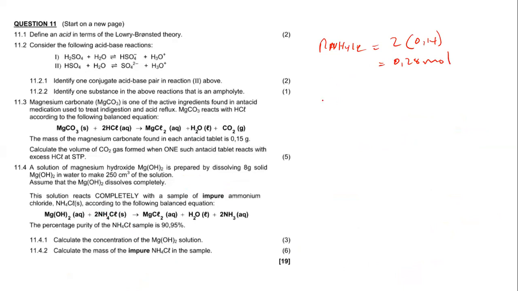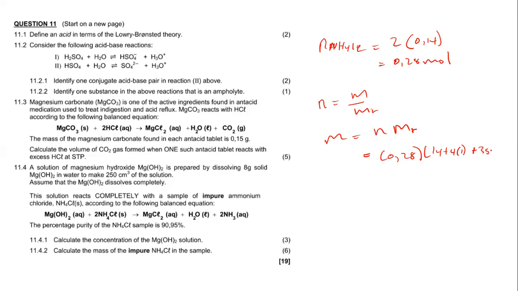Now let's determine the mass of this. Number of moles is equal to mass over molar mass, therefore mass will be equal to number of moles multiplied by molar mass. The number of moles of ammonium chloride is 0.28, and the molar mass is nitrogen 14, plus 4 times hydrogen, which is 1, plus Cl, which is 35.5.